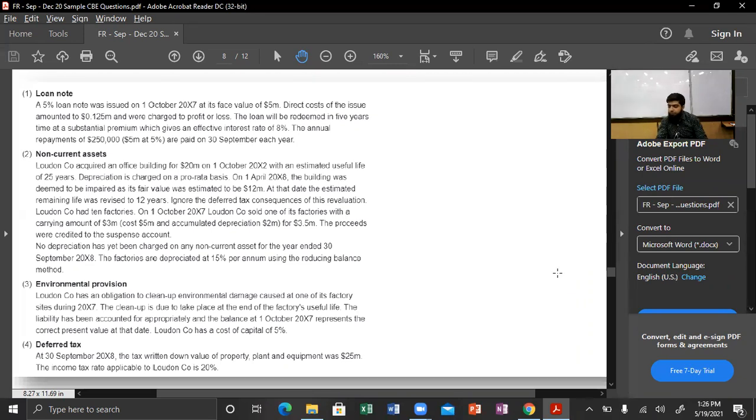It is the higher of fair value less costs to sell and the present value in use. The recoverable amount is already given, that is 12 million. So we need to calculate the carrying amount of that asset till 1st April 20x8.